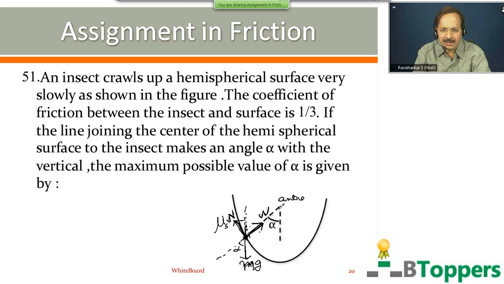The line of action of the weight mg is parallel to the vertical line passing through the center of curvature of the hemispherical surface. So this angle is alpha, so this will also be equal to alpha. We can resolve mg into components tangential to the surface and along the normal to the surface. The method is similar to the method we follow for a body resting on an inclined surface.